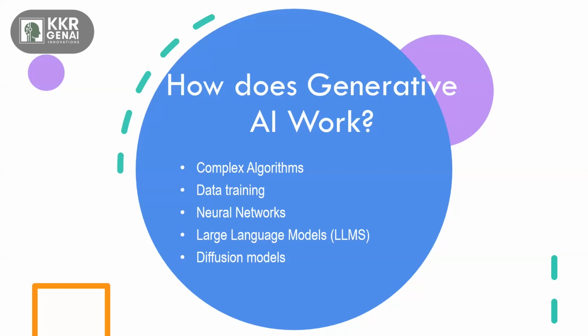Neural networks are basically like how we have neurons. These networks also have layers, which are called neurons, connected to each other before they generate an output, right?